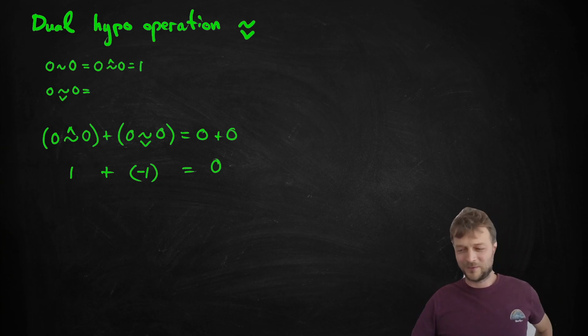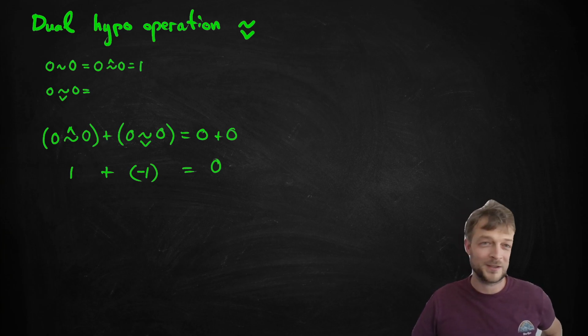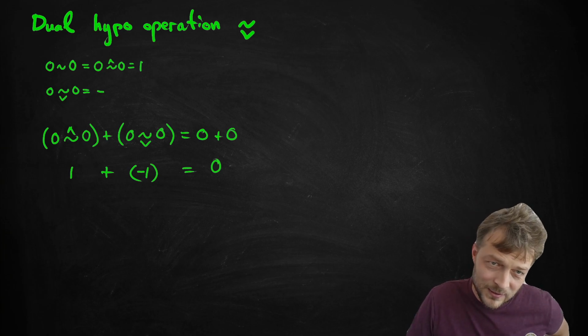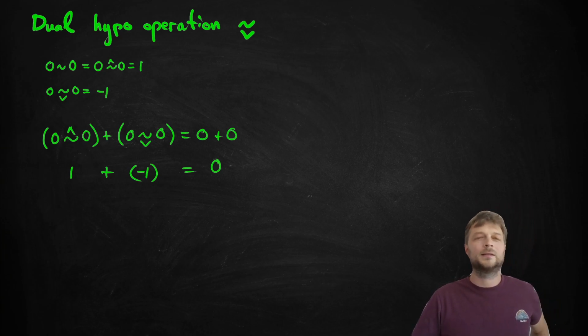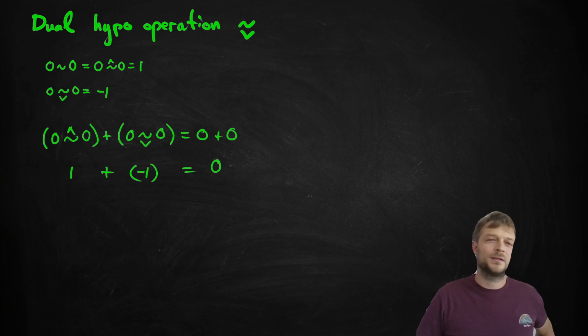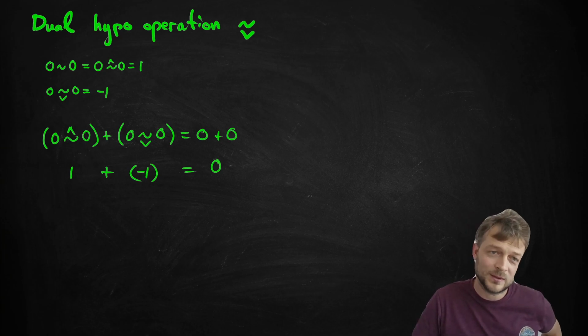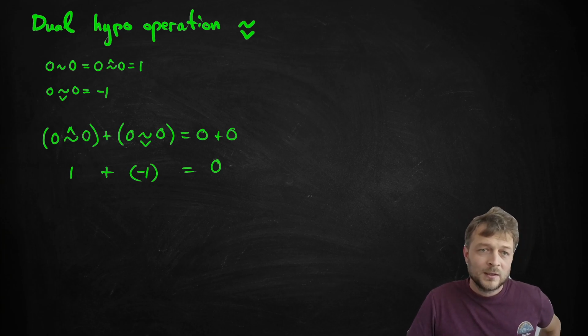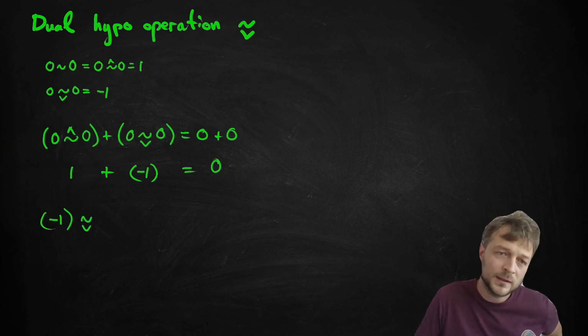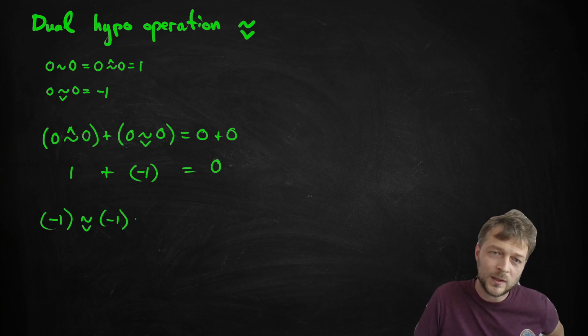So finally we got to negative numbers in our ladder of algebras. So we can write here that this is minus 1. Let's compute a little bit more numbers. Let's say minus 1 tilde dual minus 1.